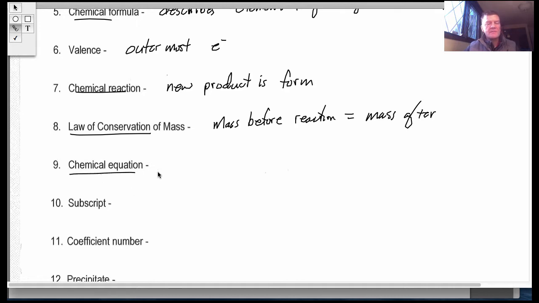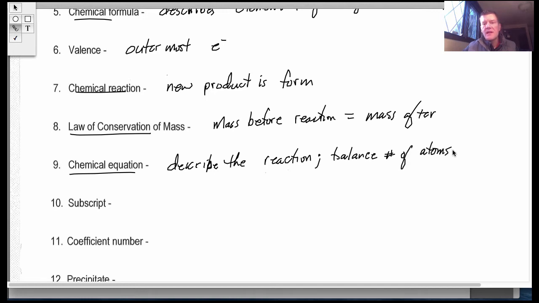Our chemical equation is going to describe the reaction. All right, it's going to have balanced number of atoms of each element, and it's going to show the reactants on one side and the products on the other side.